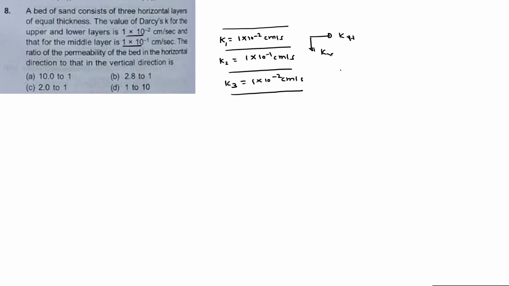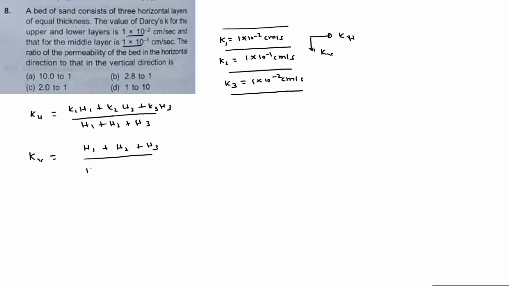The formula for K horizontal is equal to (K1 H1 plus K2 H2 plus K3 H3) divided by (H1 plus H2 plus H3). Similarly, the formula for Kv is equal to (H1 plus H2 plus H3) divided by (H1 by K1 plus H2 by K2 plus H3 by K3).